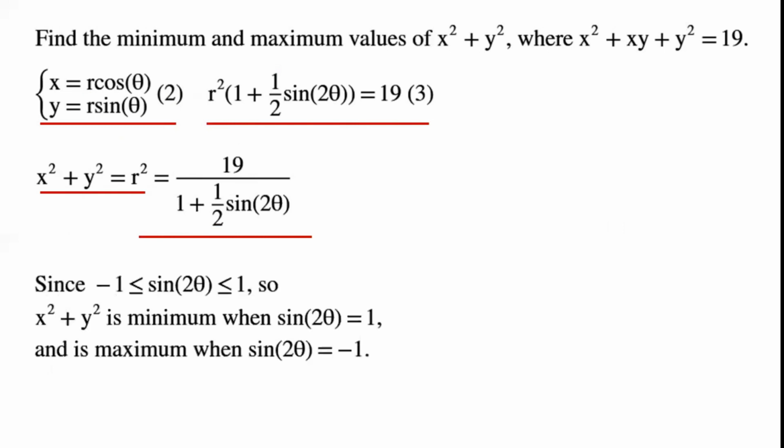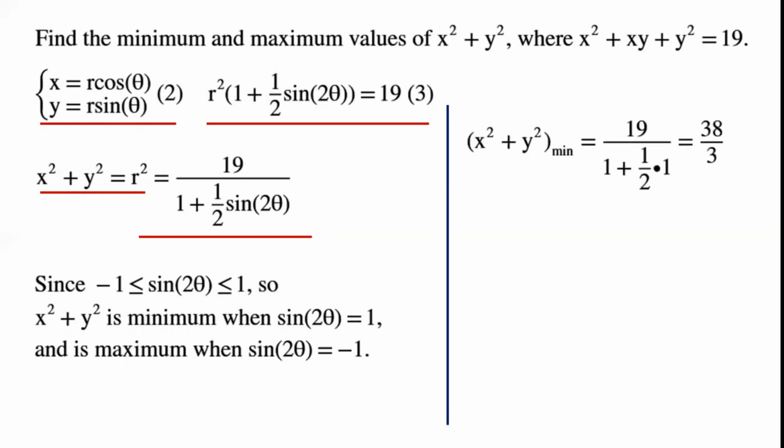Since minus 1 is less than or equal to sine 2 theta is less than or equal to 1, x squared plus y squared is minimum when sine 2 theta equals 1 and is maximum when sine 2 theta equals minus 1.